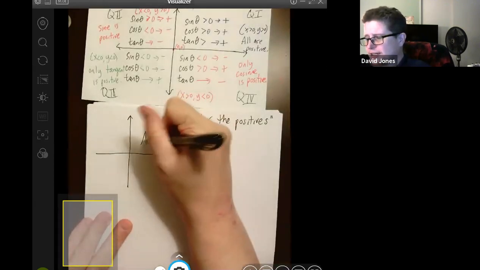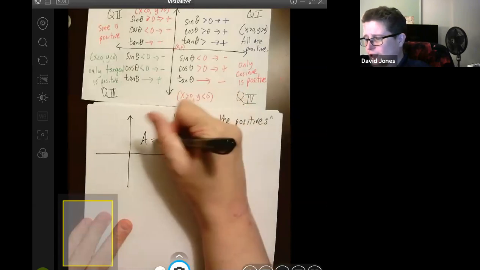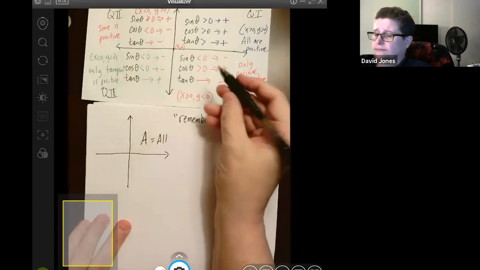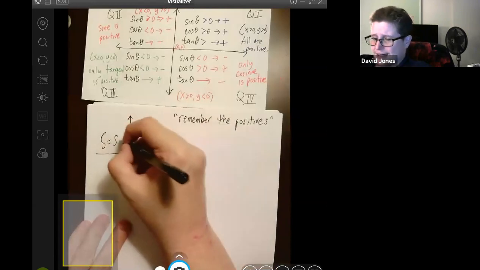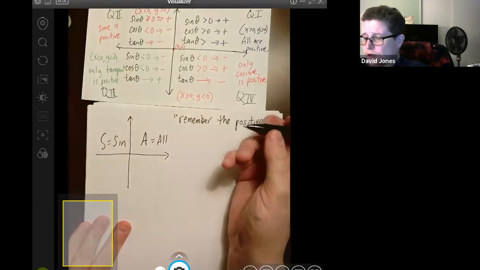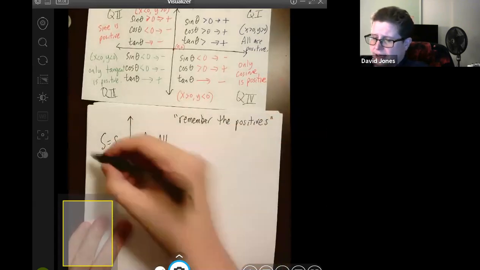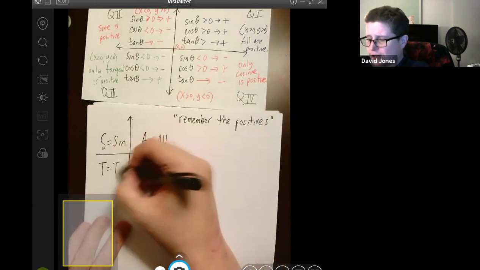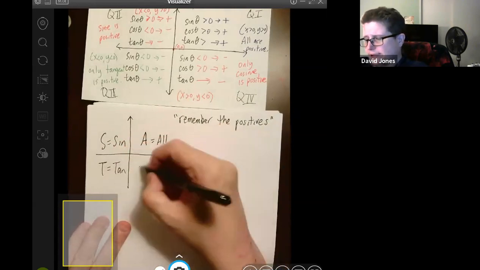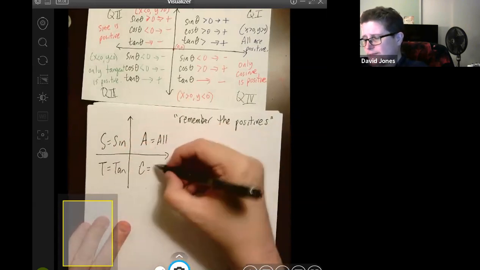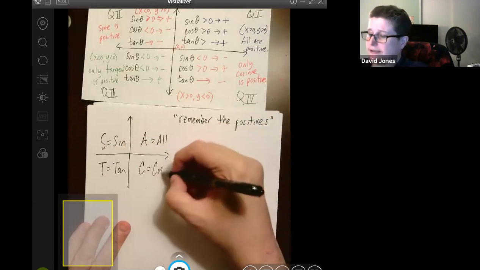In this region, it's A for all. S is for sine. Sine's positive in quadrant 2. Tangent is positive in quadrant 3. We'll use T. And C is positive in quadrant 4, cosine.